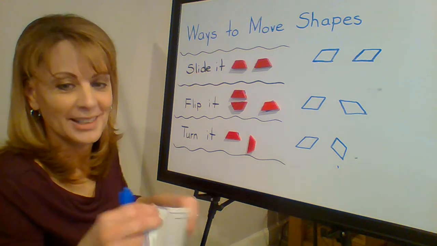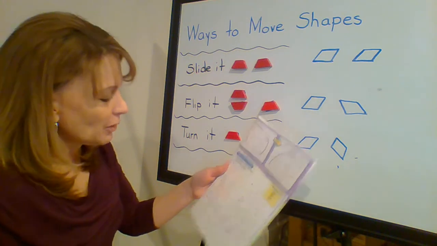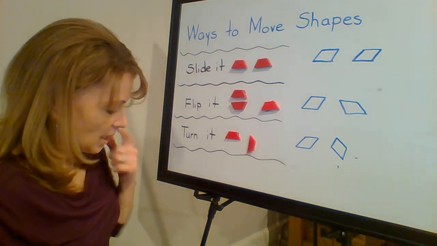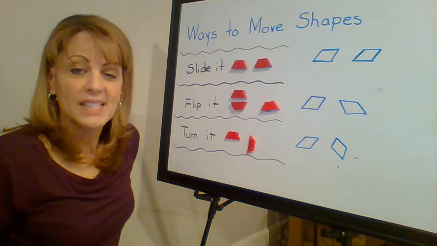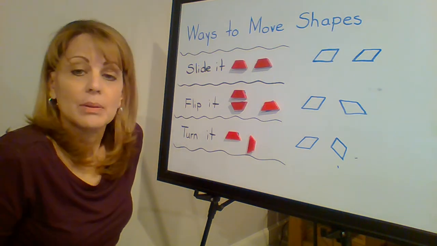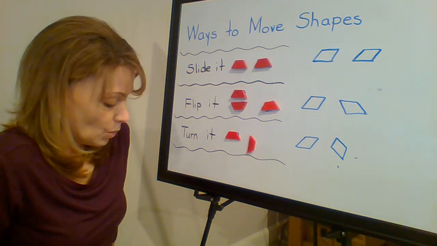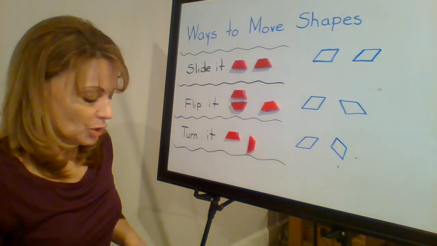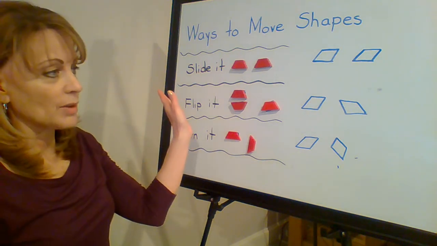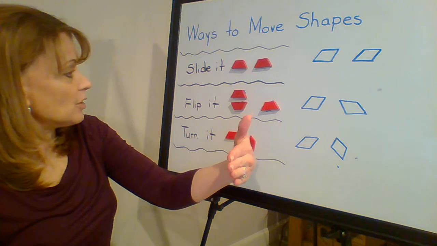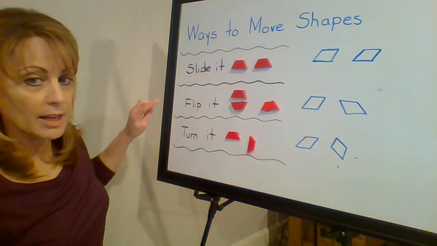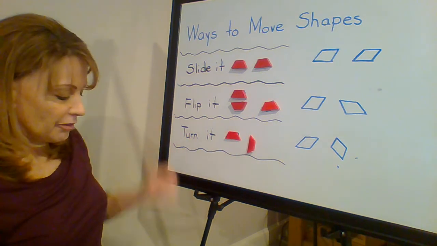How'd you do? Okay. Put your finger on number 3. We want to know, is that a slide, a flip, or a turn? Well, let's look at that shoe. If it was facing one direction and now it's facing the other direction, what do we call that? We call it a flip.